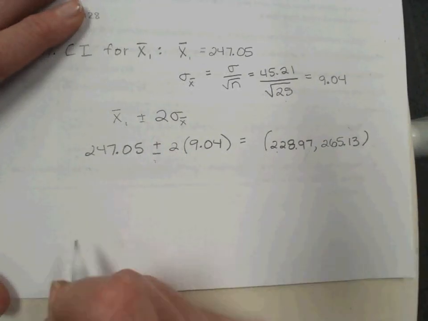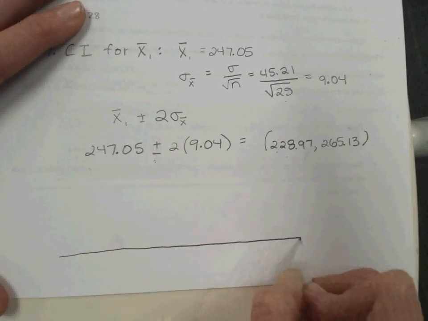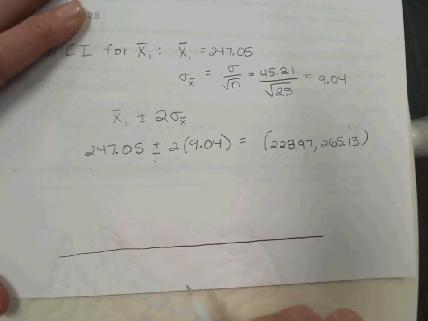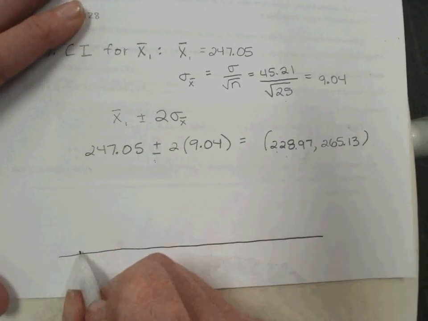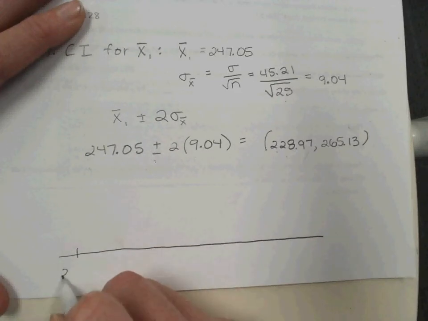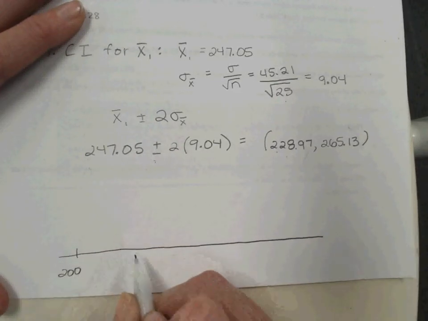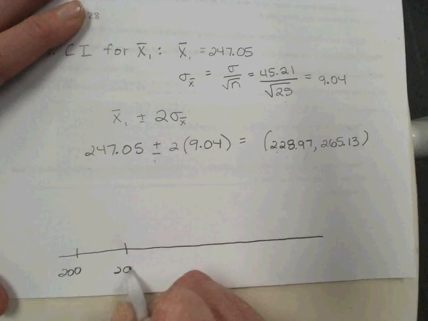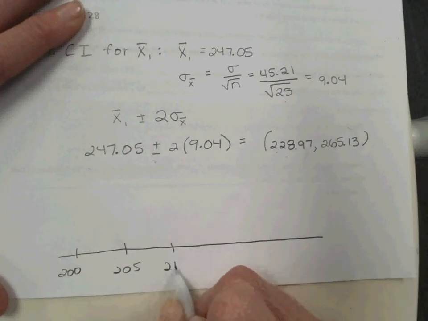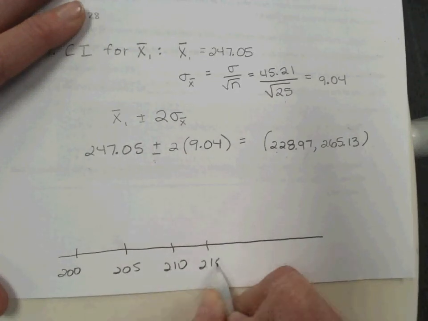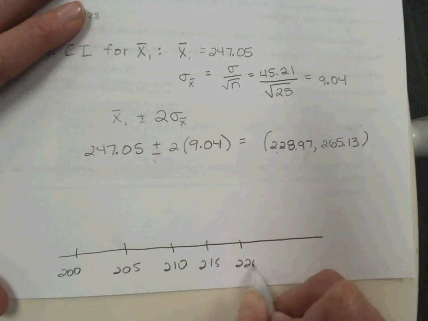And so now we have an interval, right? So how could we display that visually? I'm going to put 200, 205, 210, 215, 220.